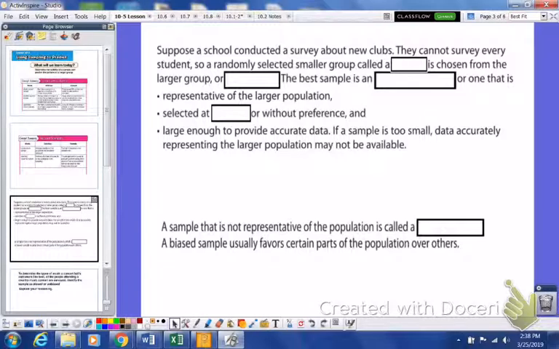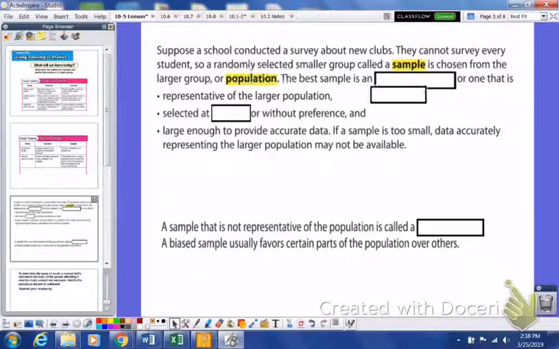So on the next page, suppose a school conducted a survey about new clubs. They cannot survey every student, so a randomly selected smaller group called a sample is chosen from a larger group or population. So sample is a small group, population is the whole group. Then the best sample is an unbiased sample.